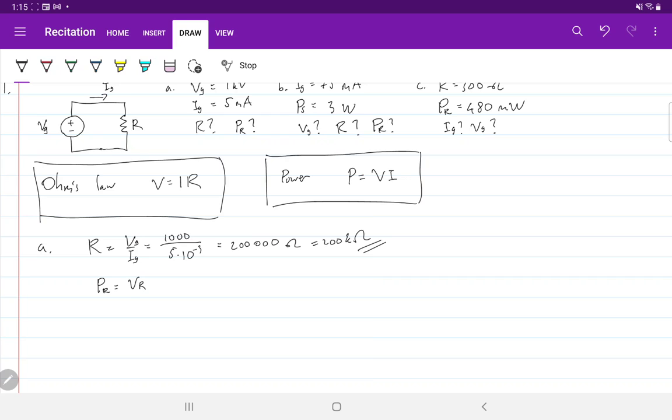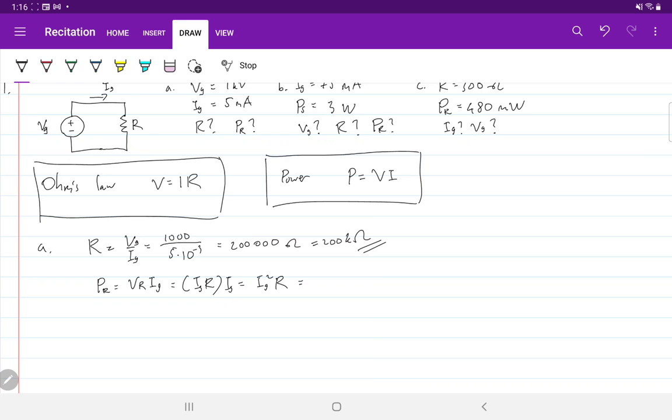The voltage at the resistor, and I, the current at the resistor. But we know that current flowing through the resistor is the same as IG, so just IG. But what is VR? Using Ohm's law, VR is IG times R, right? So IG times R times IG, we have IG squared times R, right?